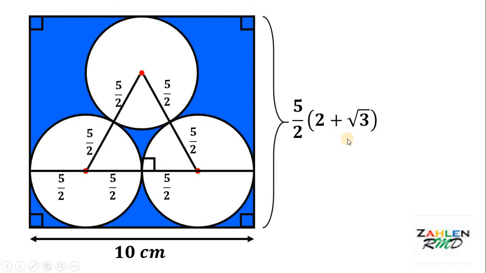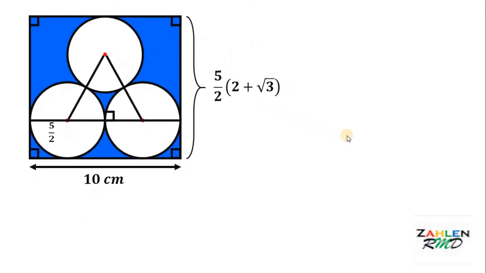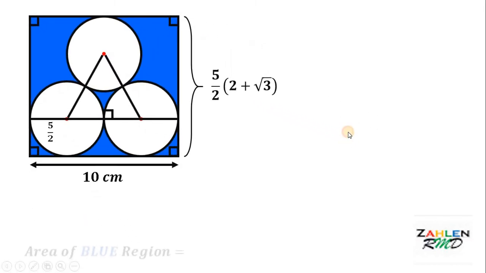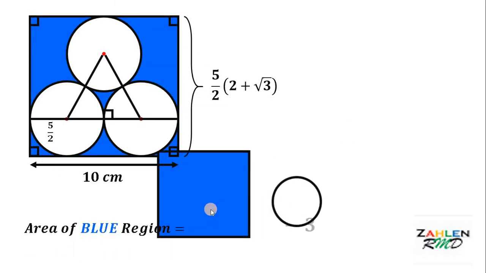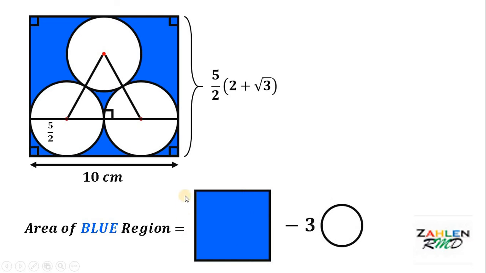Now at this point, we are ready to find the area shaded in blue. So the area of the blue region must be equal to the area of this rectangle or this quadrilateral minus 3 times the area of the circle. Now, let's find the area of the rectangle. So we have length times width. Substitute all the given values.